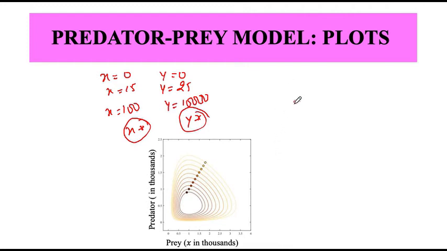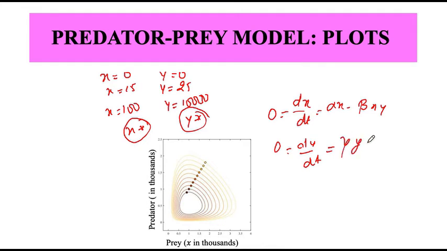So I have two equations: dx by dt equals alpha x minus beta xy, which equals 0, and similarly dy by dt equals minus gamma y plus delta xy, which equals 0.